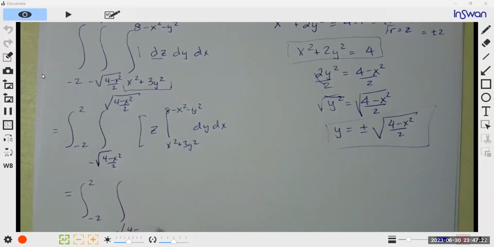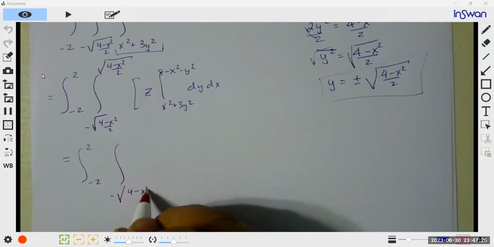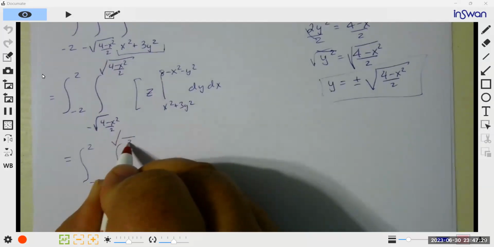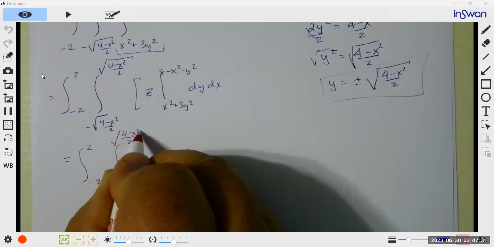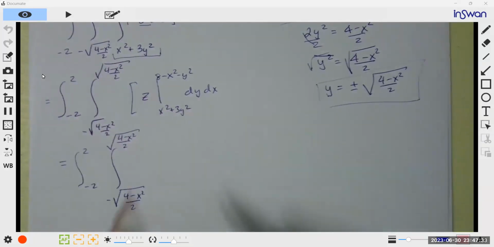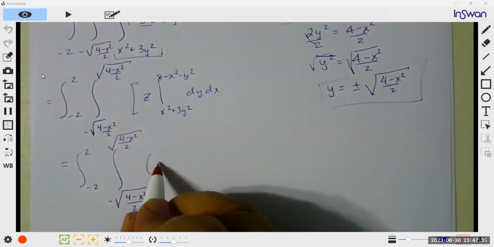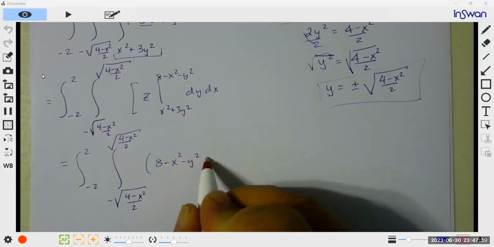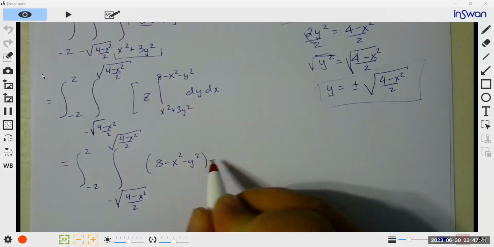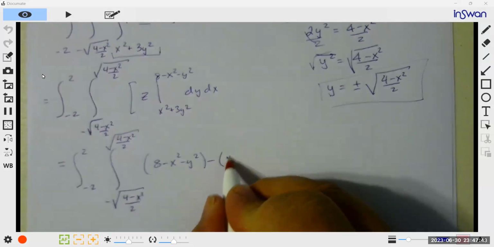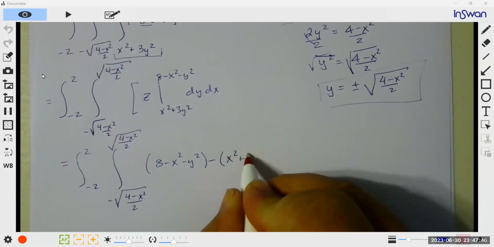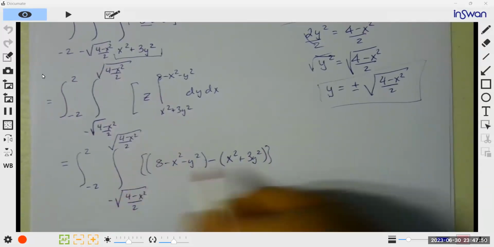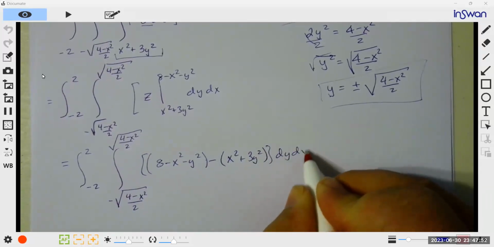Let's just go ahead and write what we have so far. Okay, so first we have 8 minus x squared minus y squared, minus the bottom, which is x squared plus 3y squared, dy dx.